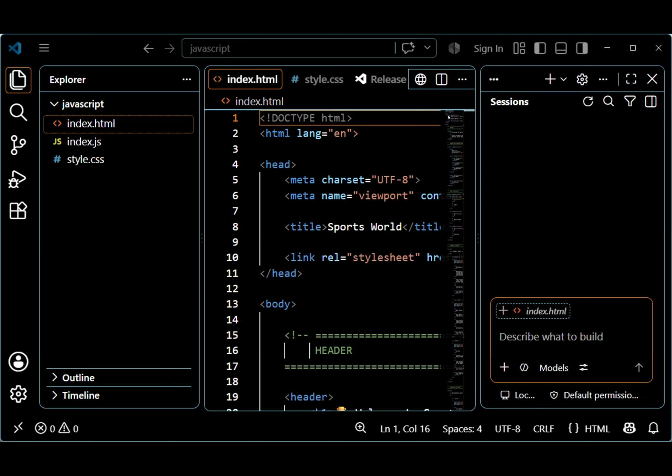So yesterday we basically talked about HTML, which stands for Hypertext Markup Language.